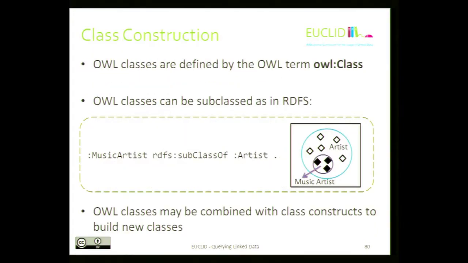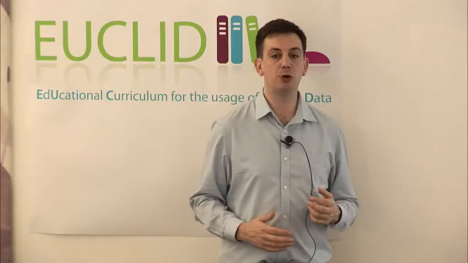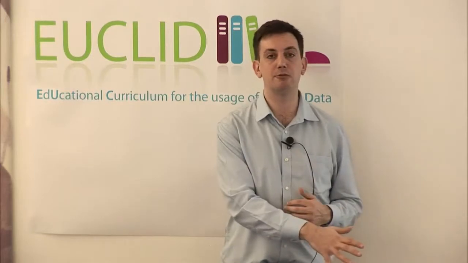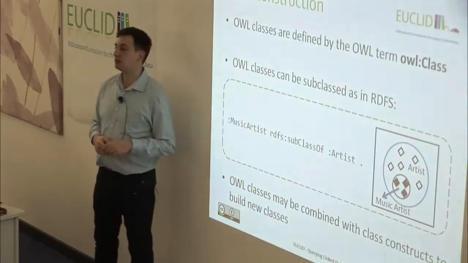Now, just a few things that you can do with OWL to manipulate classes. In general, this is called class construction. It means given some classes, and maybe some properties, we can construct new classes from them, okay? Which, as an entailment regime for SPARQL, means we can query for membership of those classes. The simplest form of this is already inherited from RDFS, and we've used it, it's the subclass relationship.